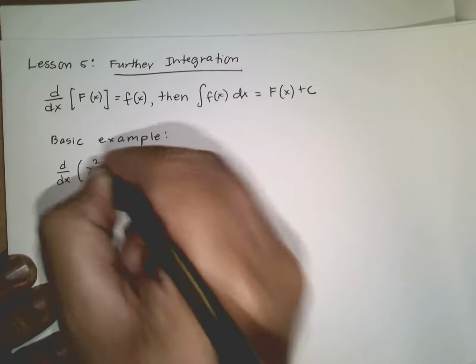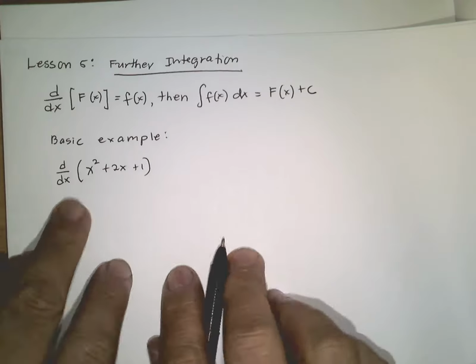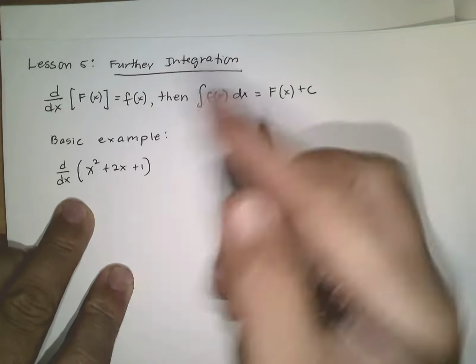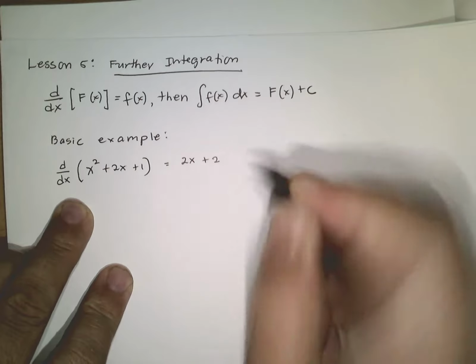So, for example, I'll take the derivative of x squared plus 2x plus 1. As we know, the derivative of this one is actually 2x plus 2.